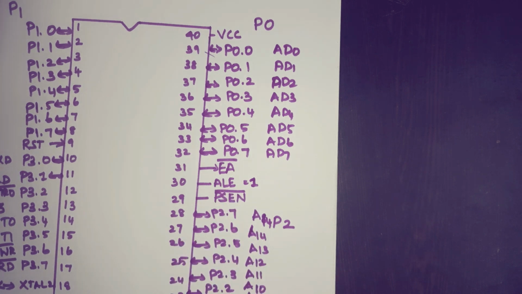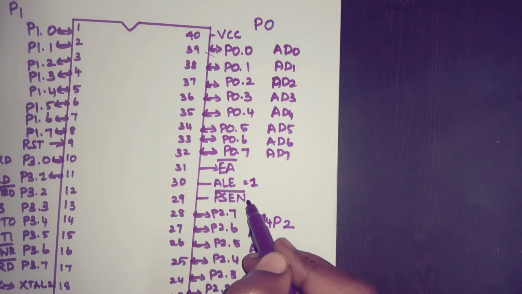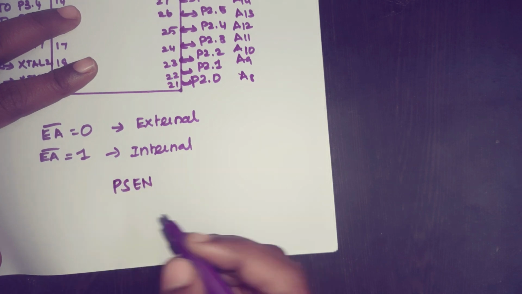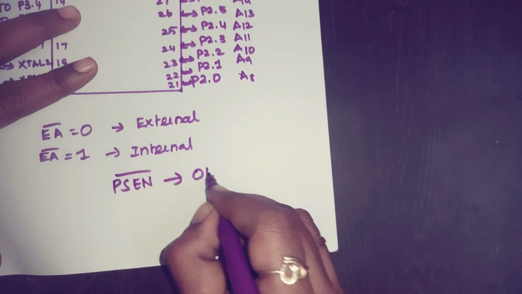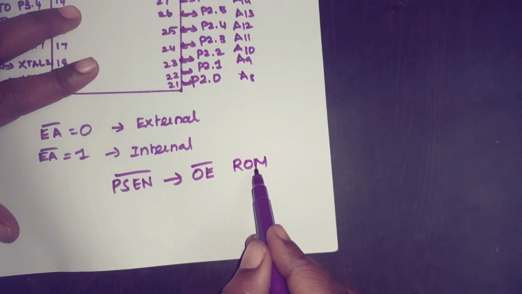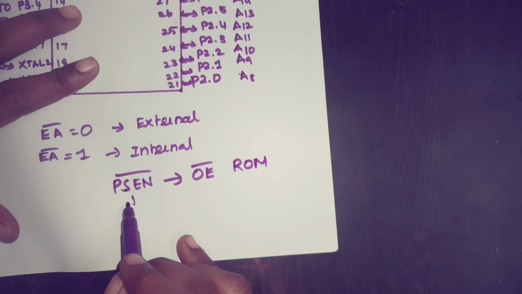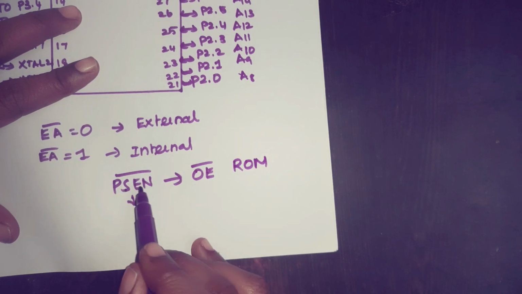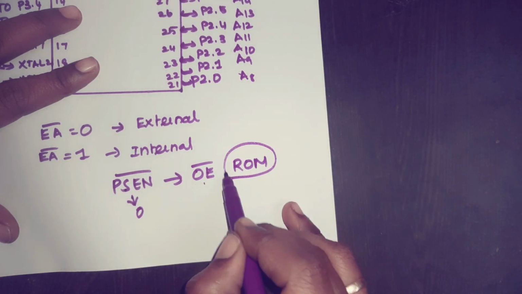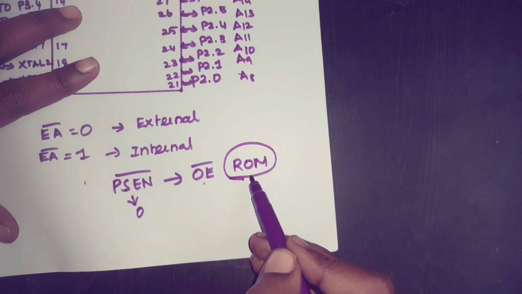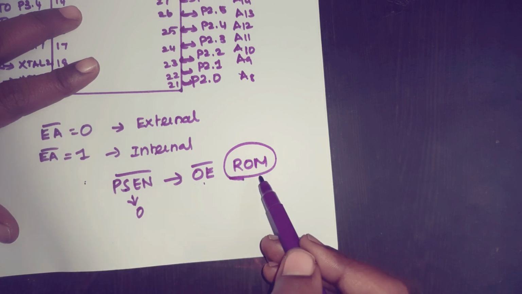If your program code is stored in the external ROM, this pin is connected with the output enable pin of the external ROM. If you want to fetch data from this ROM, 0 is given to program store enable, which will enable the external program memory, so the microcontroller can fetch the data from this external read-only memory.